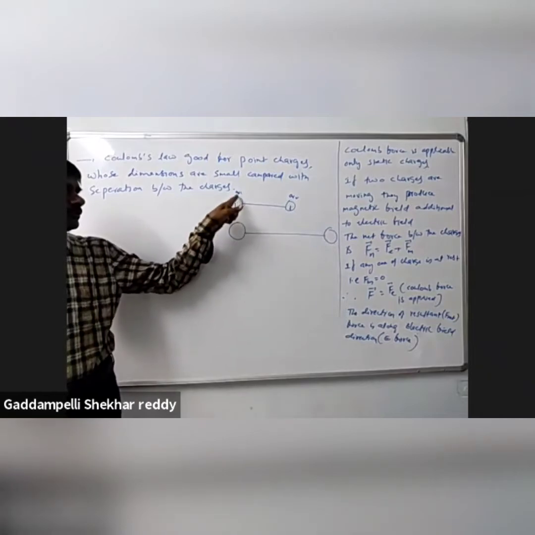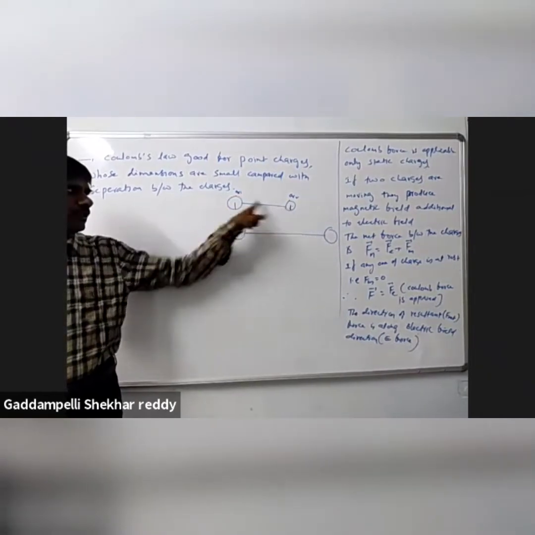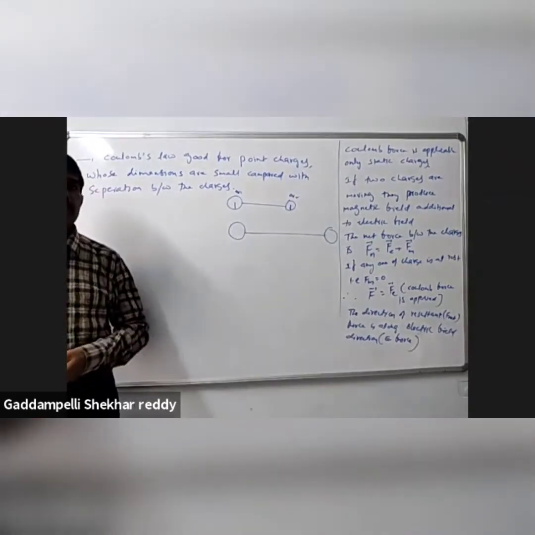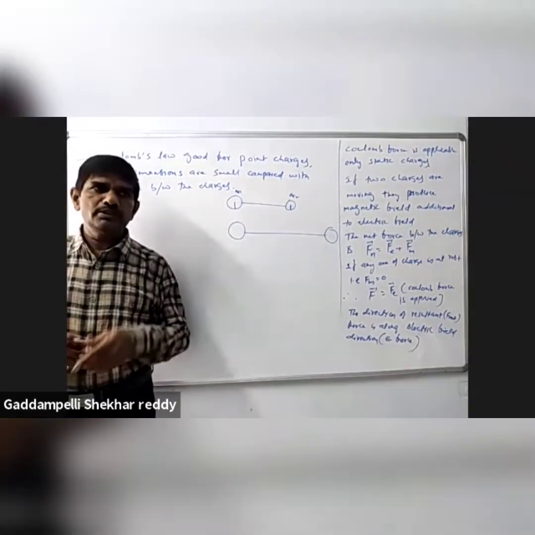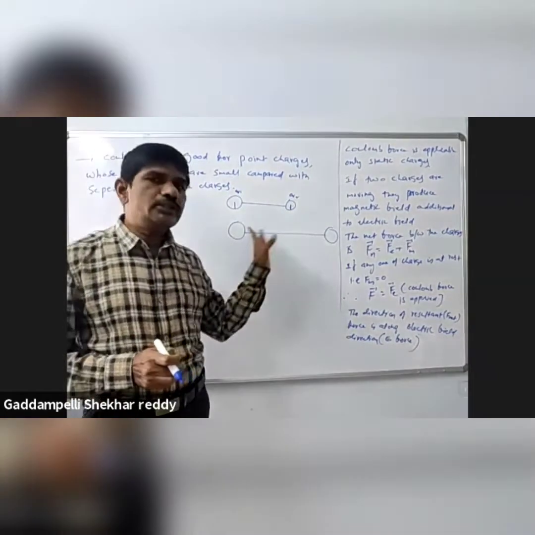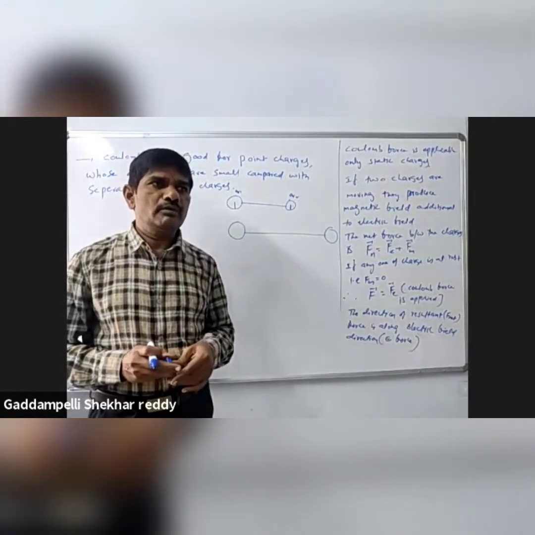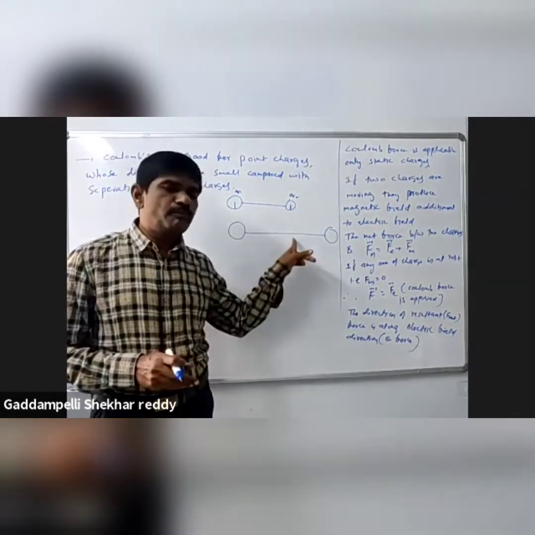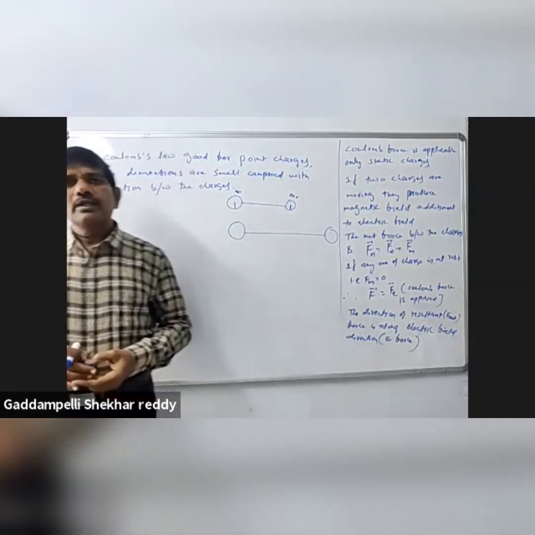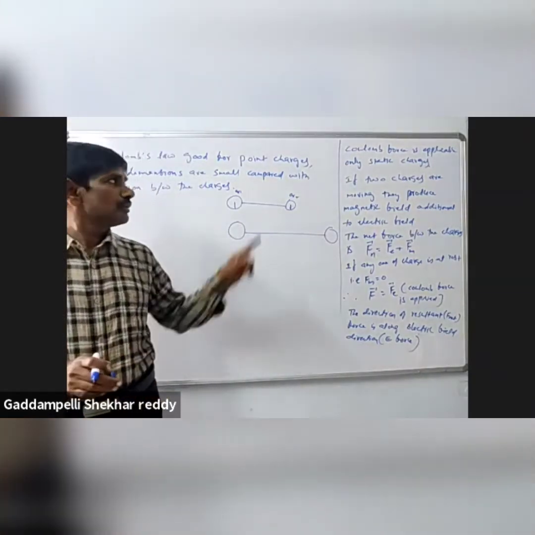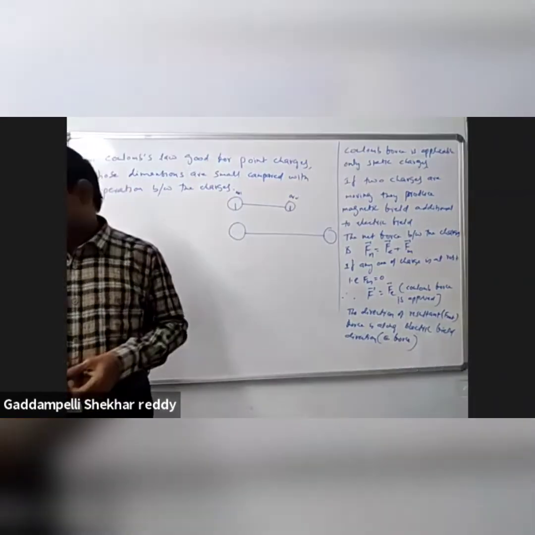When you say point charges, with comparison to distance, the dimensions or magnitude of the charges are small, less than the distance. That means Coulomb's law is good.